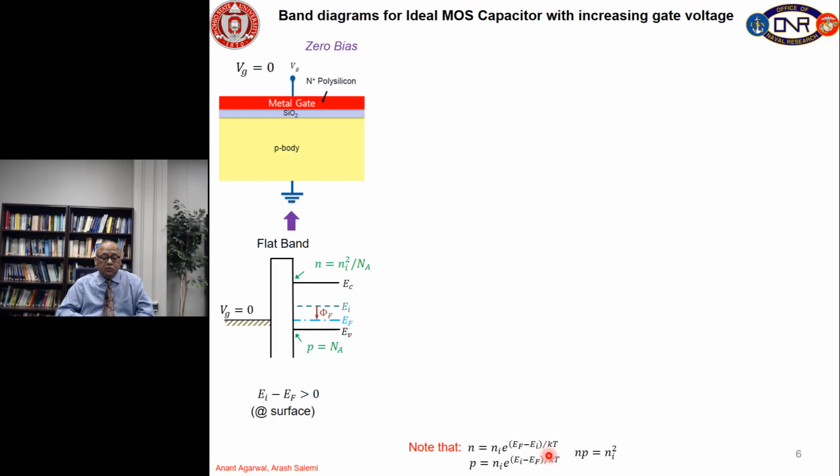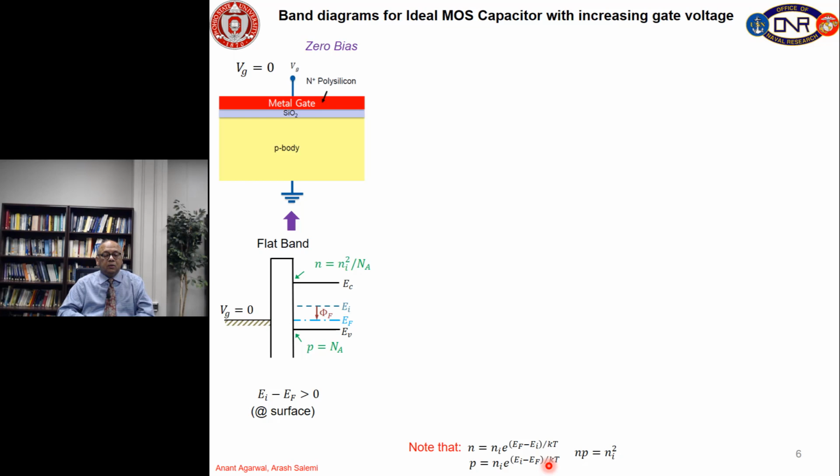If you multiply the two, you get n times p equals ni squared. So, that is an equilibrium concentration of electrons and holes, the product being equal to ni squared. The individual concentrations can be obtained from these equations.